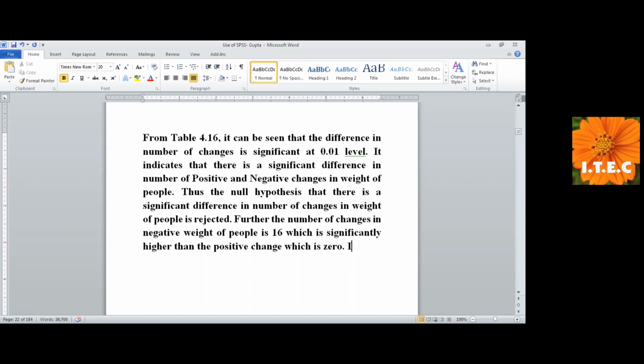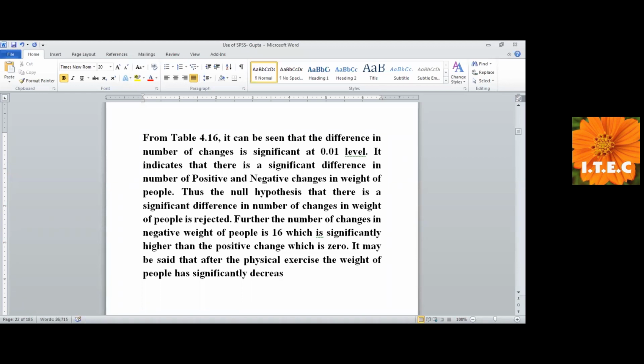So it may be said that after the physical exercise, the weight of people has significantly decreased.